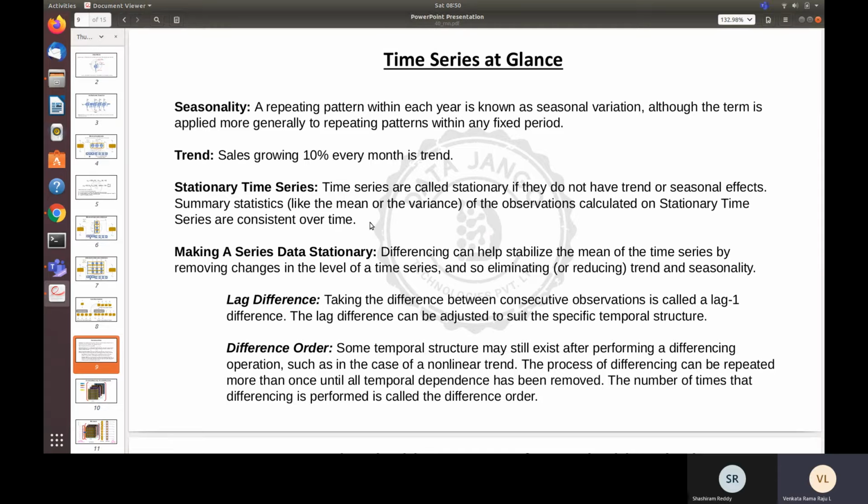Now if you take January to March, March to June, to October, October to December, four time brackets, and try to calculate mean and variance, they'll be consistent. If you take 3-4 years of data and observe the mean and variance between January and March, first year, second year, third year, fourth year, they'll be consistent.